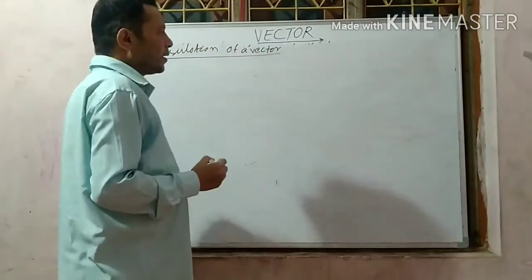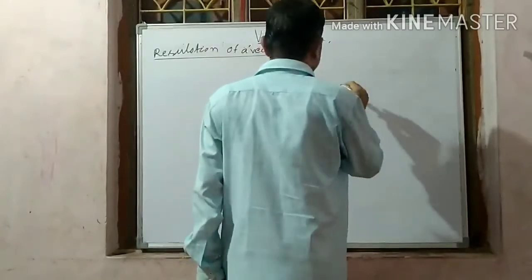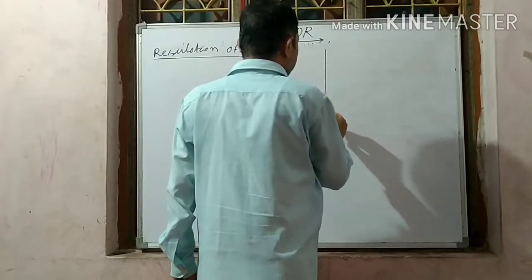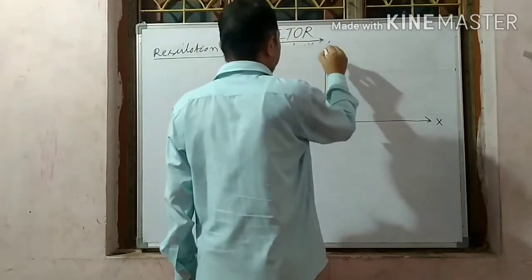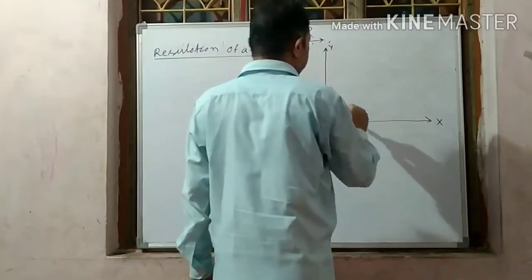Resolution of a vector in Cartesian coordinates. You see here, this is x and y coordinates.